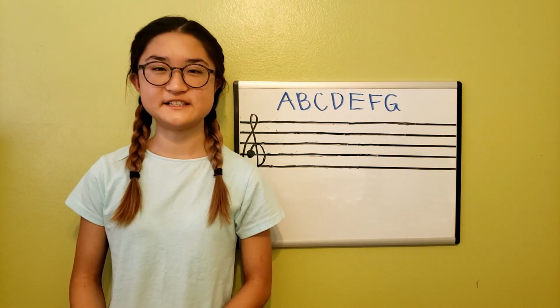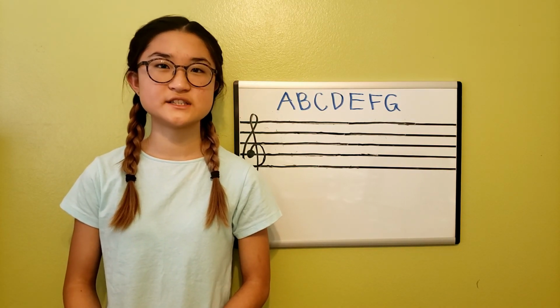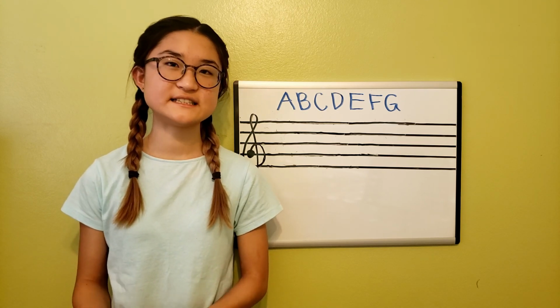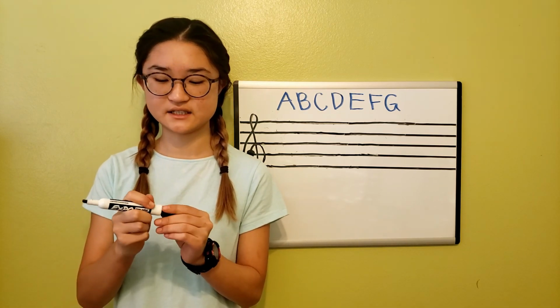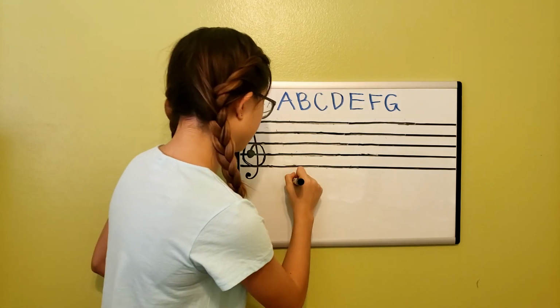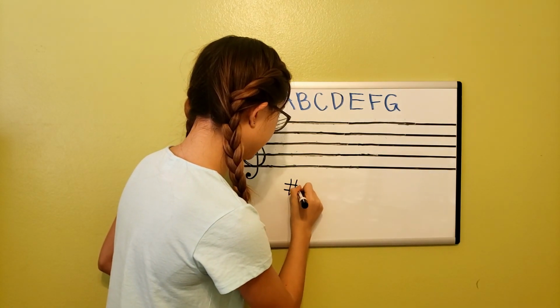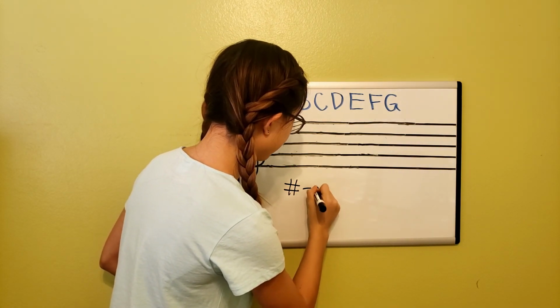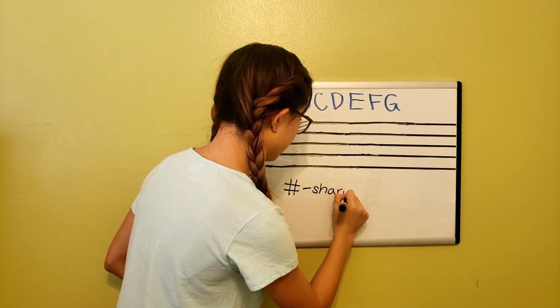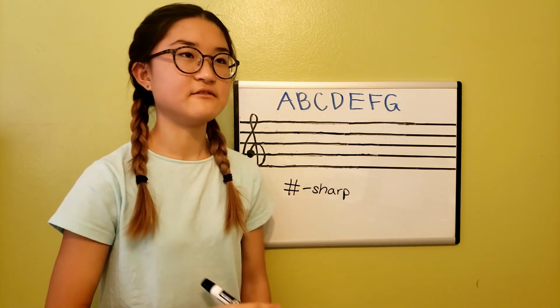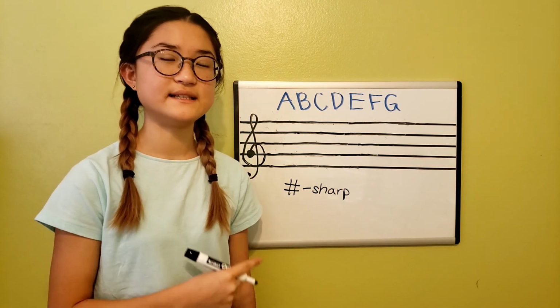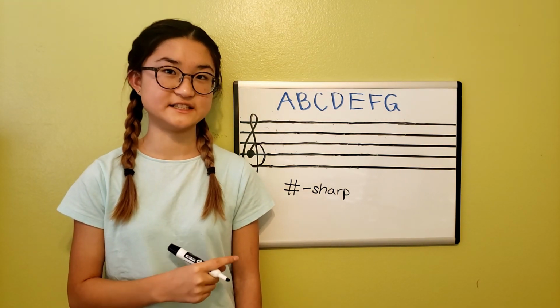Before we end this video, I would like to teach you guys about 2 symbols that you will frequently see when you're reading sheet music. One symbol is this thing that looks like a hashtag, and this is called a sharp. And when there's a sharp next to a note, it means the note is higher than its original tone.